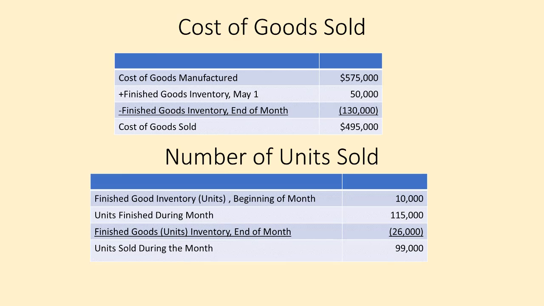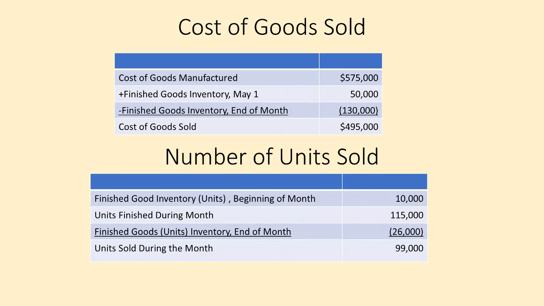So let's calculate the cost of goods sold for Blue Denim Company. So previously we determined that the cost of goods manufactured during the month of May was $575,000. We're given that the finished goods inventory at the beginning of the month was $50,000 and at the end of the month was $130,000.